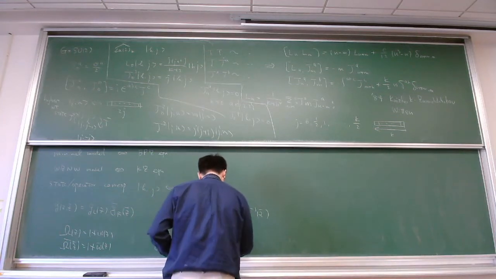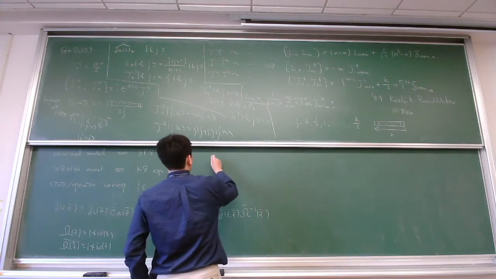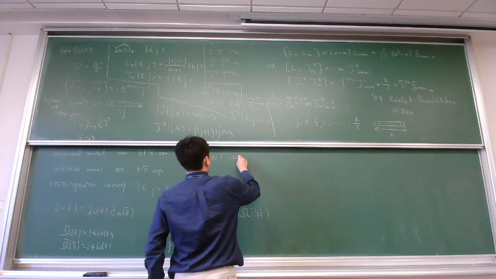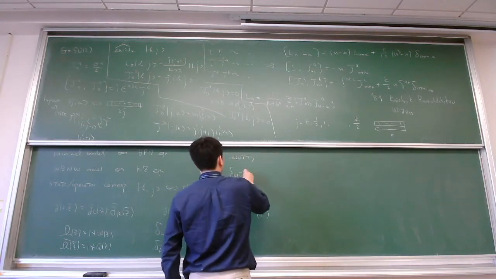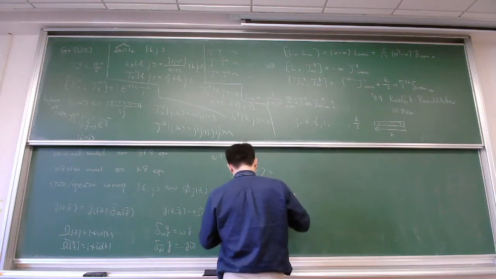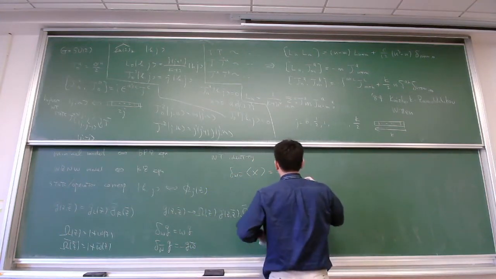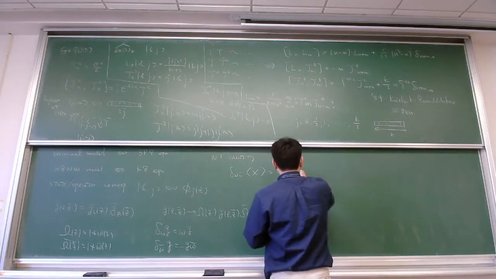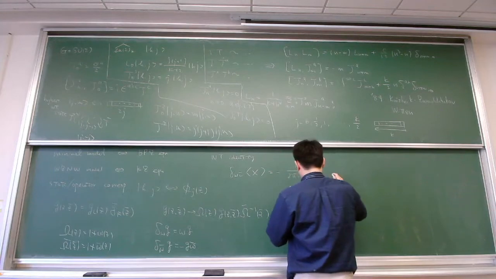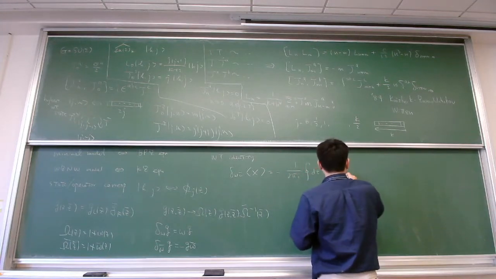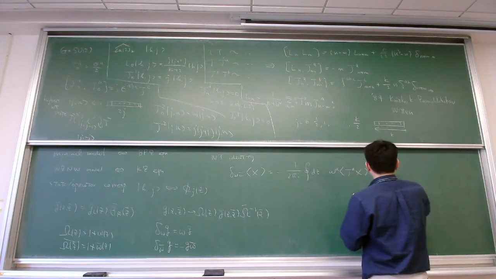And also, we have a Ward identity. The Ward identity is transformed under this adjoint action, 2 pi i, C omega A x, plus 1 over 2 pi i.